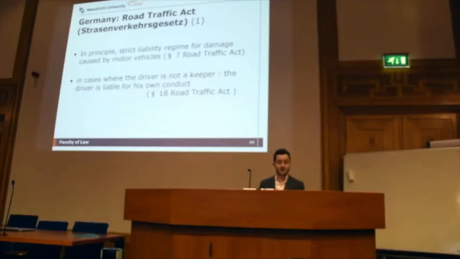In such a situation, the driver is liable for his own conduct in accordance with paragraph 18 of the Road Traffic Act, unless he proves that he did not cause the damage intentionally or negligently, meaning that we are dealing here with the reverse burden of proof. If the driver cannot prove a lack of intention or negligence, then he will be jointly liable with the keeper of the motor vehicle.